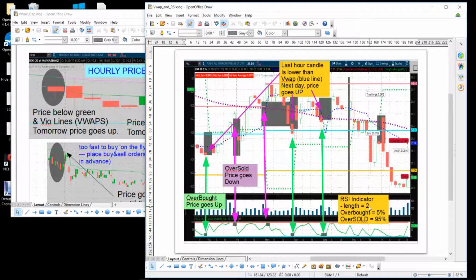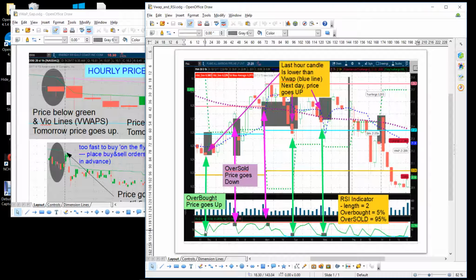If you want to look at an average, say the price of gas over the last year, you might look at the average price over 12 different months, and then average the 12 months together to come up with the yearly average. In this case, he's looking at an RSI length of 2, which is basically looking at 2 bars, 2 candles in the stock market.